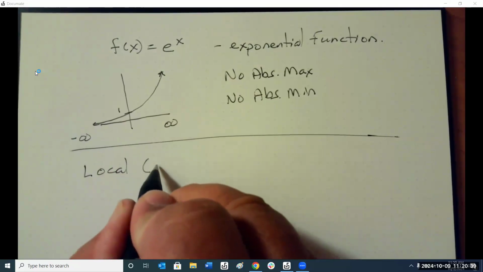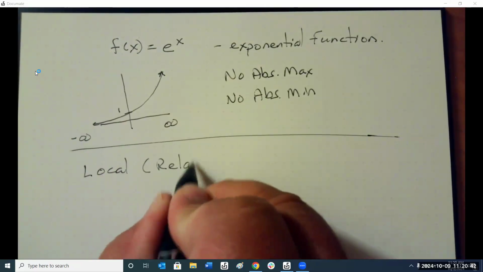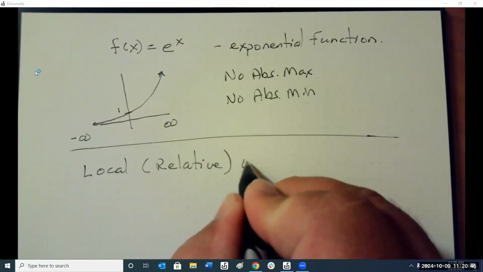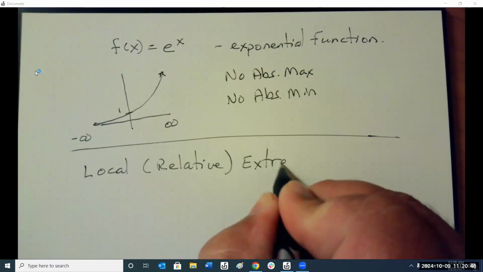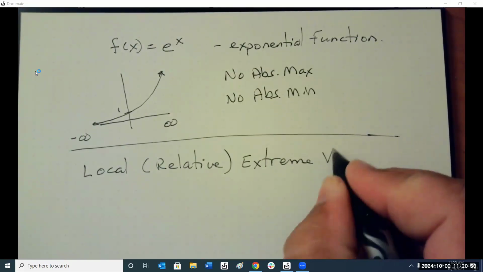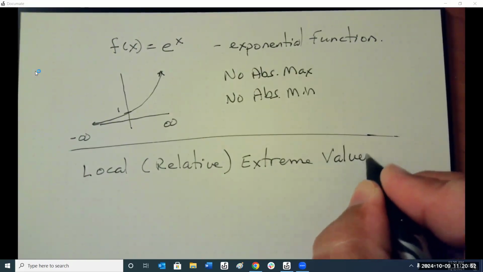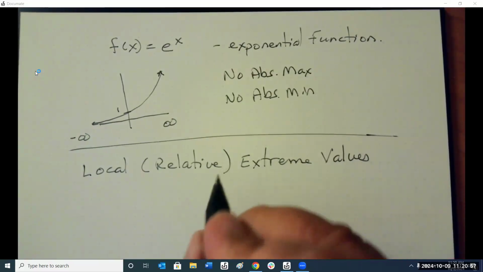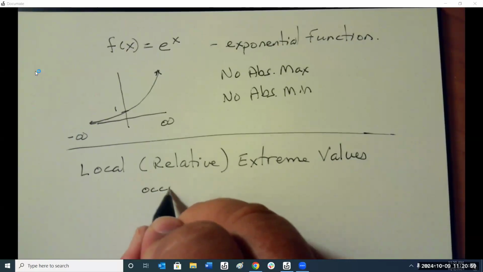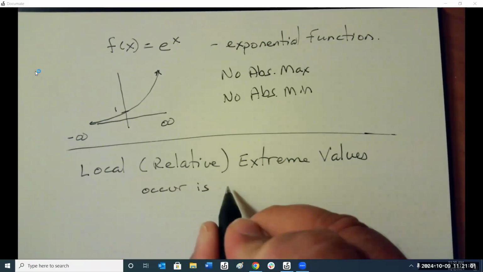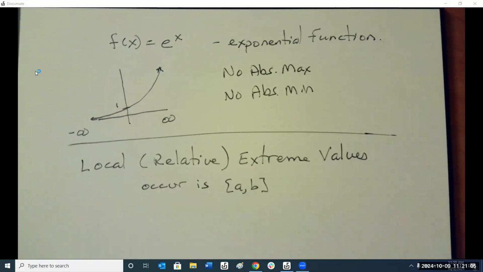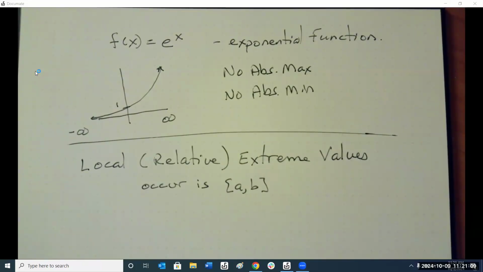The local or relative extreme values occur in closed subsets or sets.